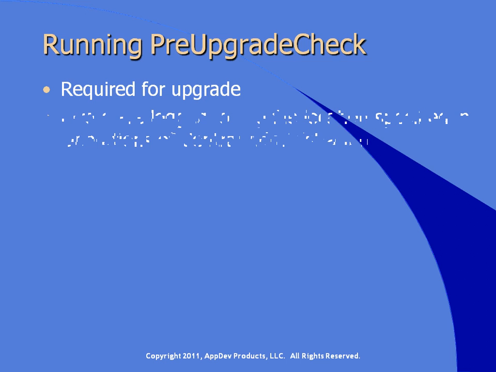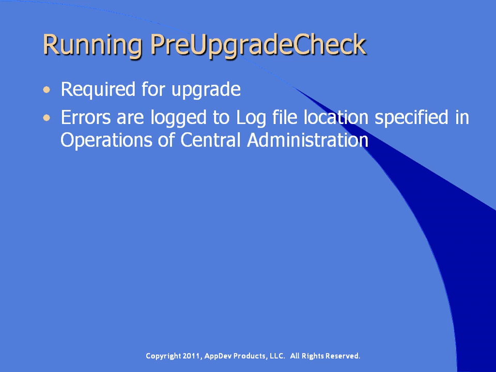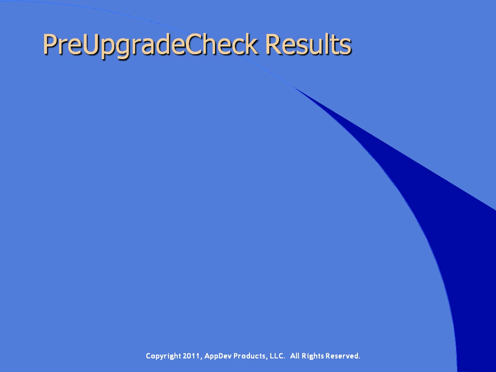This is required for upgrade, and errors are logged to the log file location specified in the Operations category of Central Administration. The PreUpgrade Checker reports information about the status of your environment and the SharePoint sites in that environment.